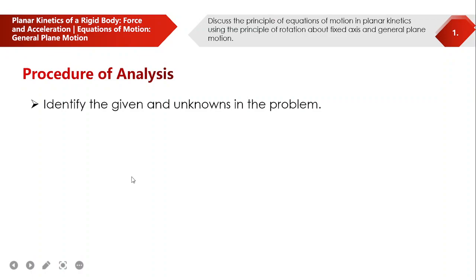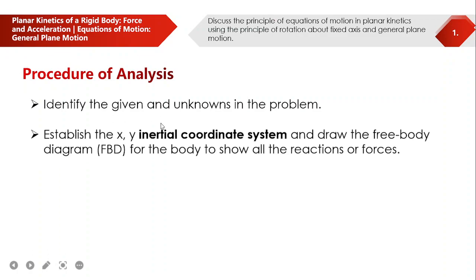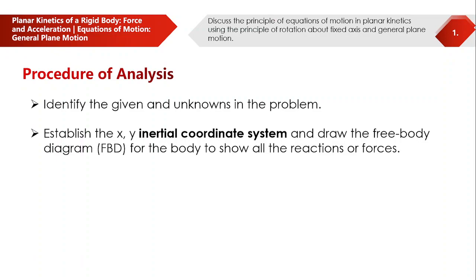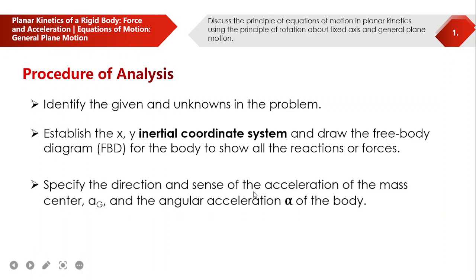So, procedure for analysis, meron tayong procedure for analysis again. So we have to identify the given and unknown in the problem. Okay, after you identify those, we have to establish the inertial coordinate system. Okay, and draw the free body diagram for the body to show all the actions of the forces.